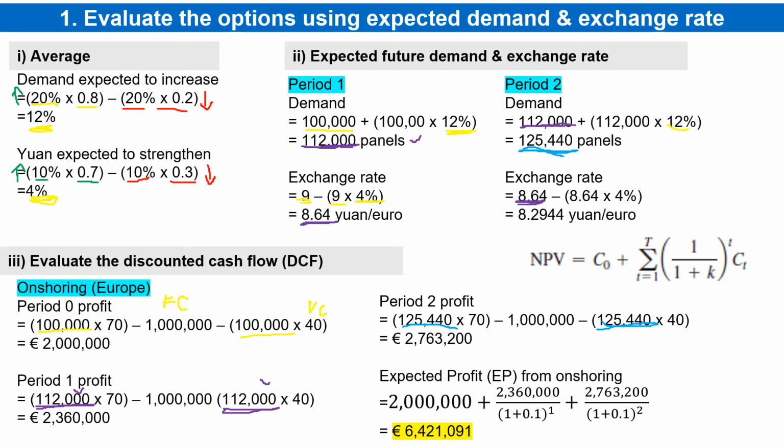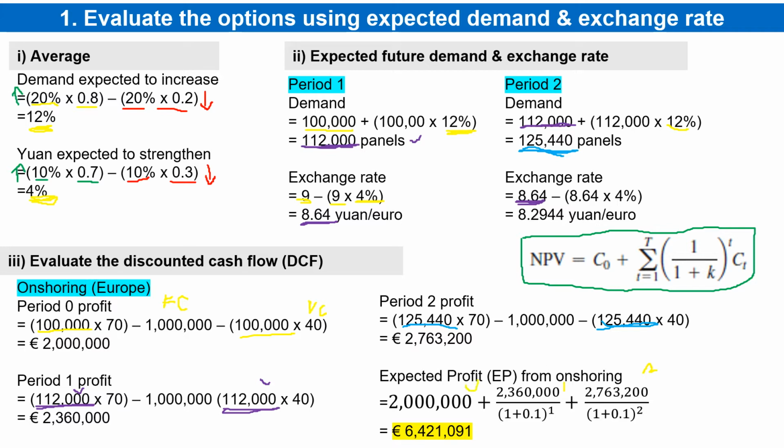And then the expected profit, or EP, from onshoring is from this formula: the current profit plus the next period profit divided by (1 plus k) to the power of 1, and then plus the profit in period 2 divided by (1 plus k) to the power of 2.